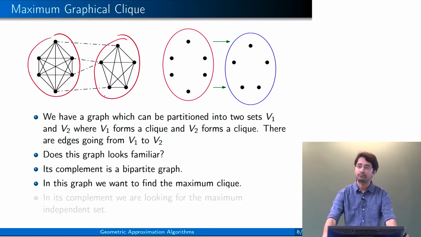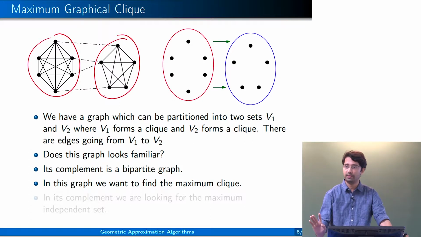Okay. Step by step. What are we looking for in the original graph? A maximum clique. If we are looking for a maximum clique in G, what are we looking for in G complement? Everyone knows the definition of the complement of a graph. If you do not know it, please raise your hand. Okay.